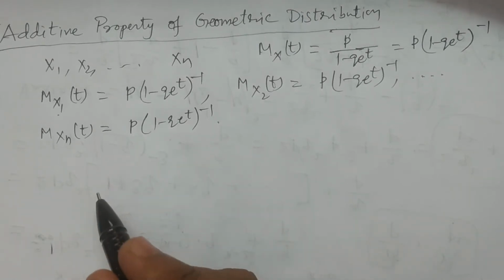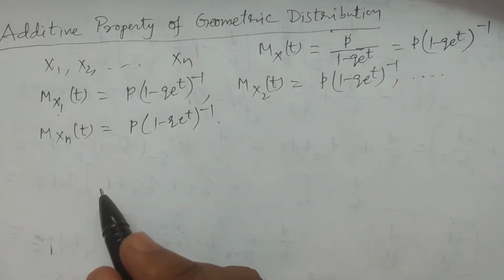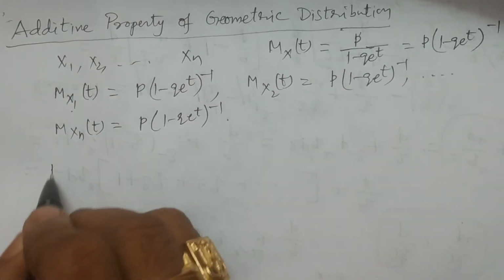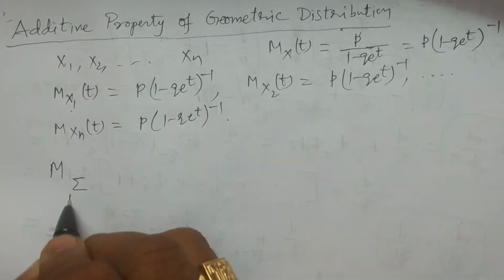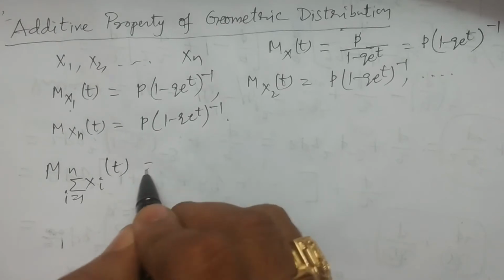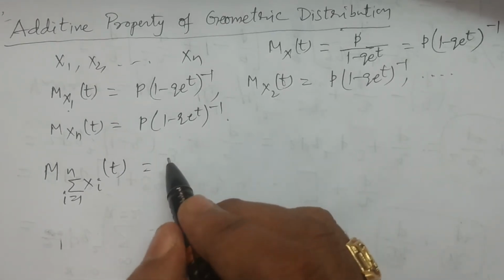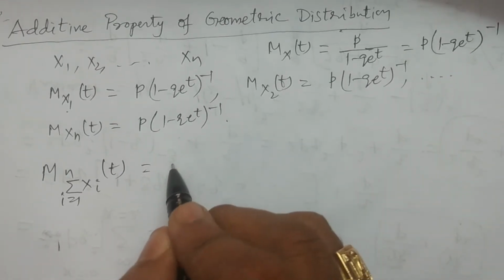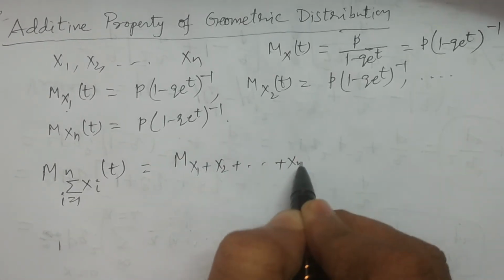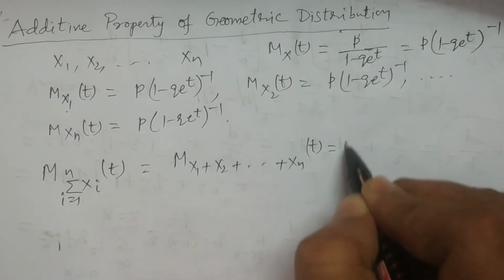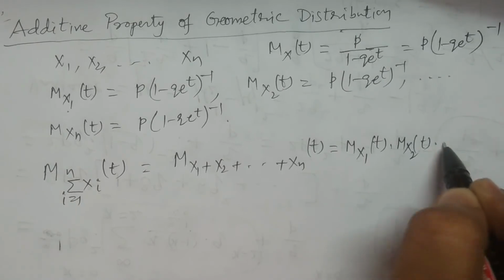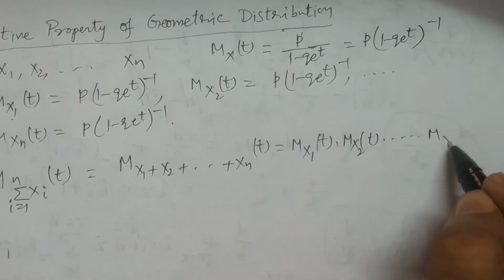Now consider the moment generating function of the sum of the n independent random variables, that is, the summation of Xi. The moment generating function of the sum of Xi for i equal to 1 to n, M_(X1+X2+...+Xn)(t), is equivalent to M_X1(t) into M_X2(t) multiplied by and so on, multiplied by M_Xn(t).